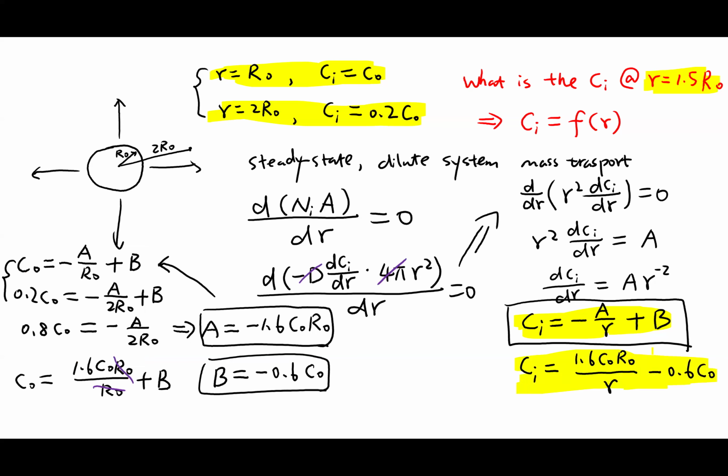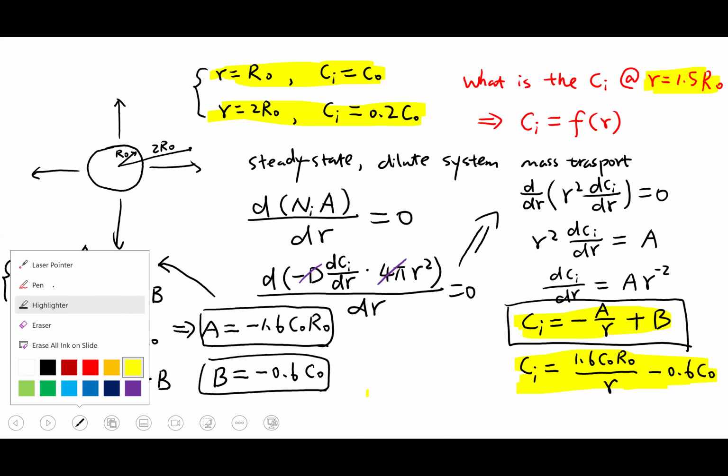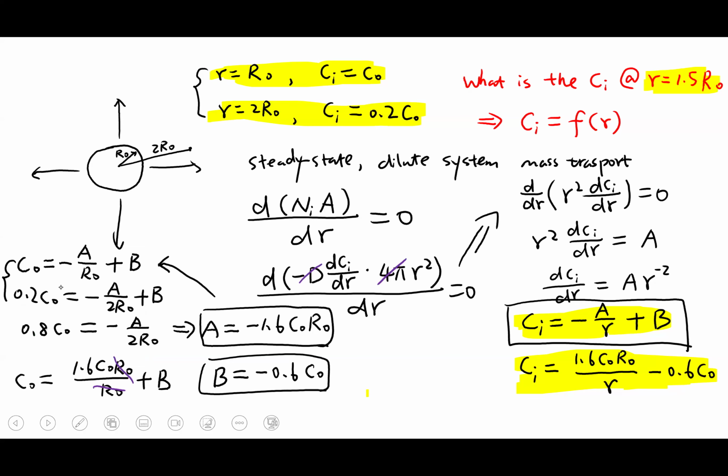And then for solving this problem, now it's very easy, right? What you do here is put 1.5 into it. So Ci should equal 1.6 C naught R naught over 1.5 R naught, minus 0.6 C naught.